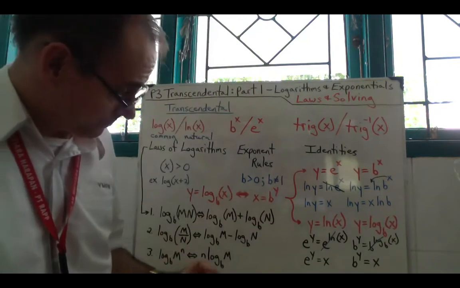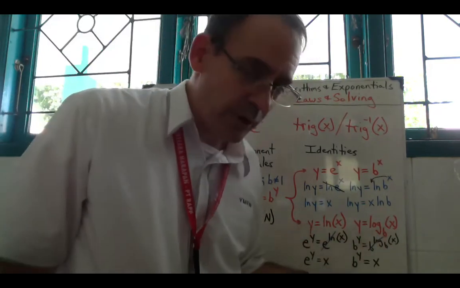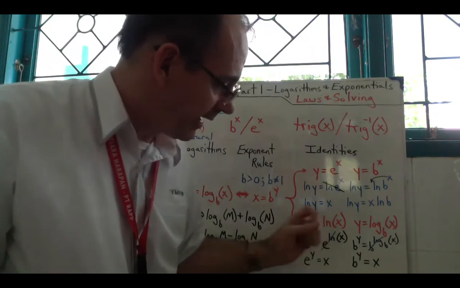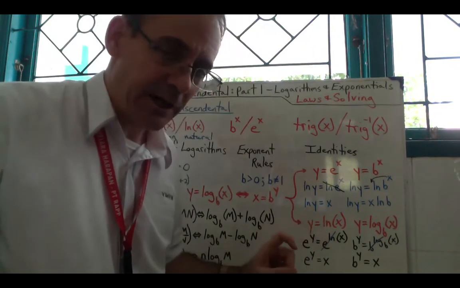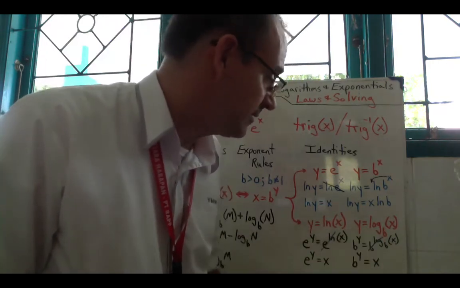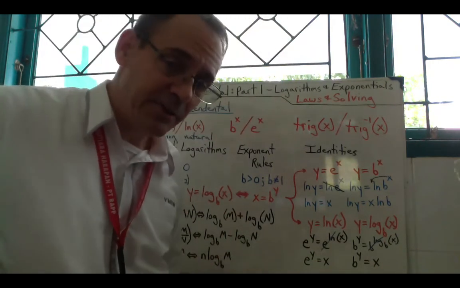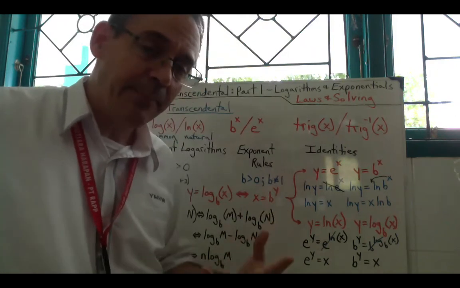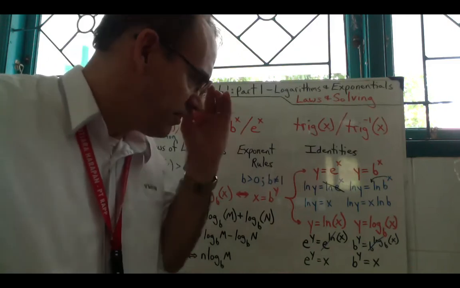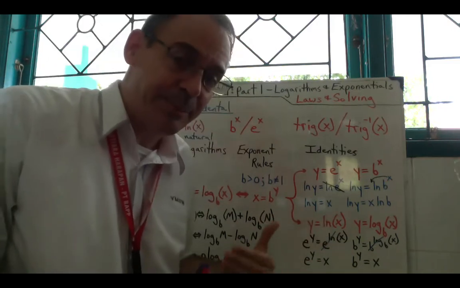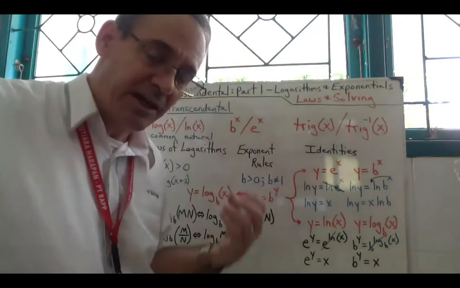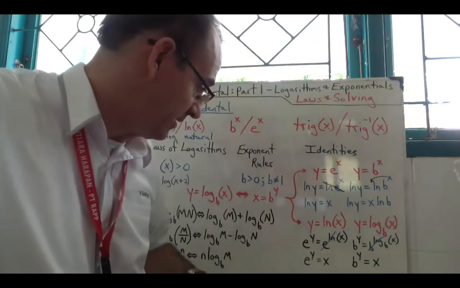On the other hand, if we're starting with logarithms, and I have two here, y equals ln x, so we have the natural logarithm, and we have y equals log to any base x, and we want to get rid of the logarithm. Well, the opposite of a logarithm is an exponential. So this process is called exponentiating both sides, meaning both sides are raised up as the exponent to the base.